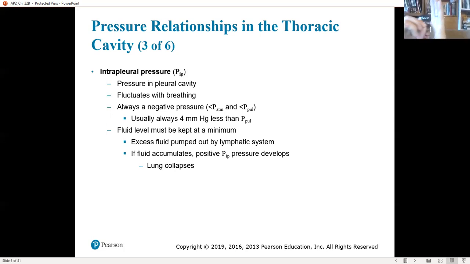Why? Because of surface tension, because the molecules of serous fluid here are pulling on the one here, pulling on the one here, and that whole slit-like cavity wants to move out.